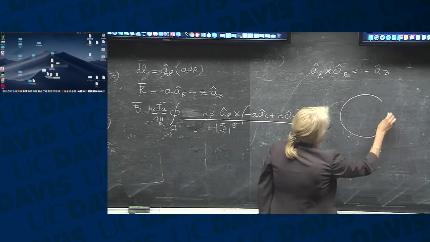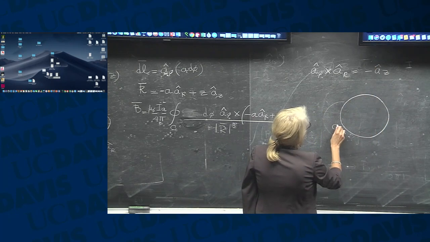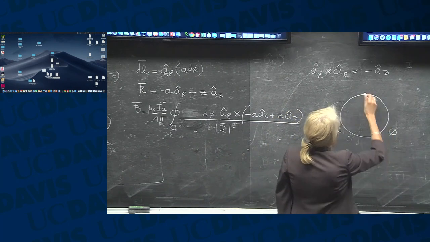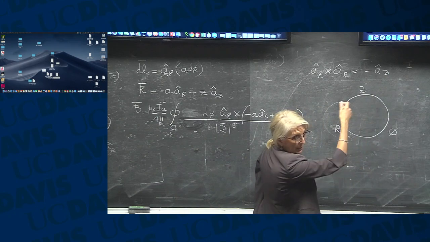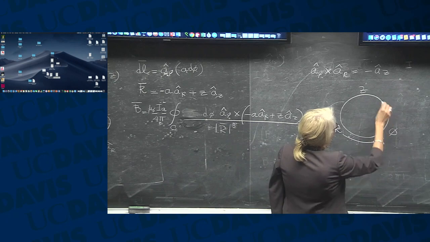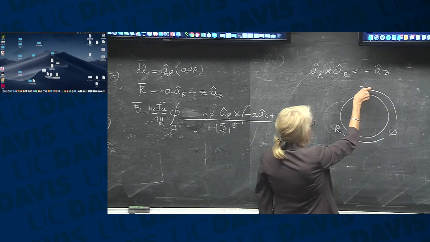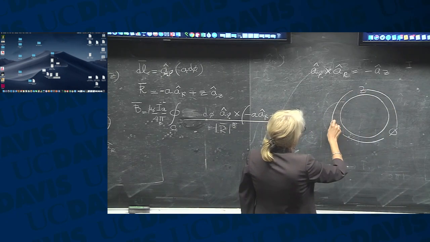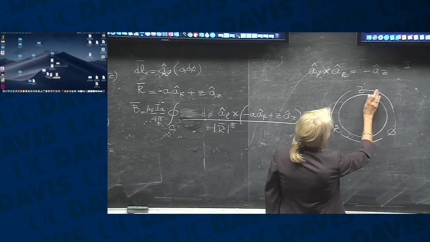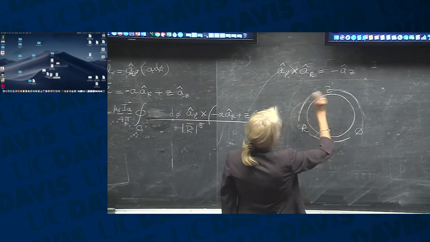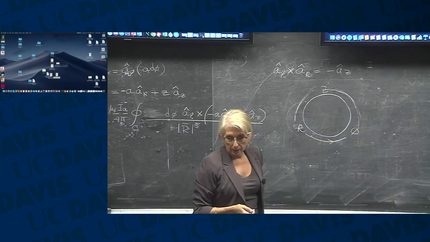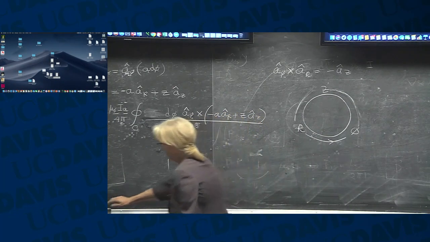It goes like that: a sub r, phi, z, in the system that is positive. The cross product between these two gives that. The cross product between these two gives this. So the cross product between r and phi will give z. But if it was the opposite way, it will give minus z. Okay? So it's minus z.